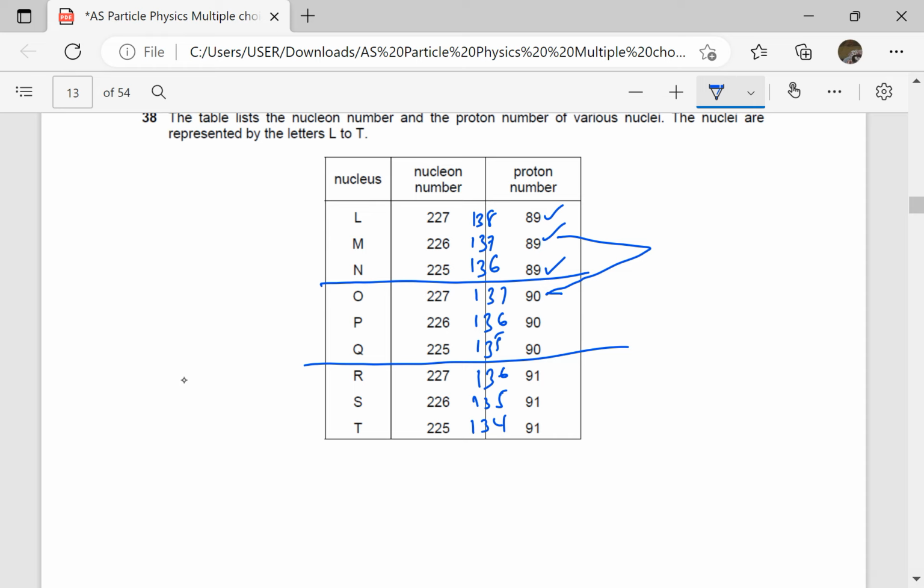They are supposed to be 3. Then we have L with 138 is alone, N has 136, P has 136, and R. So we have N, P, and R. These ones have 136 neutrons.